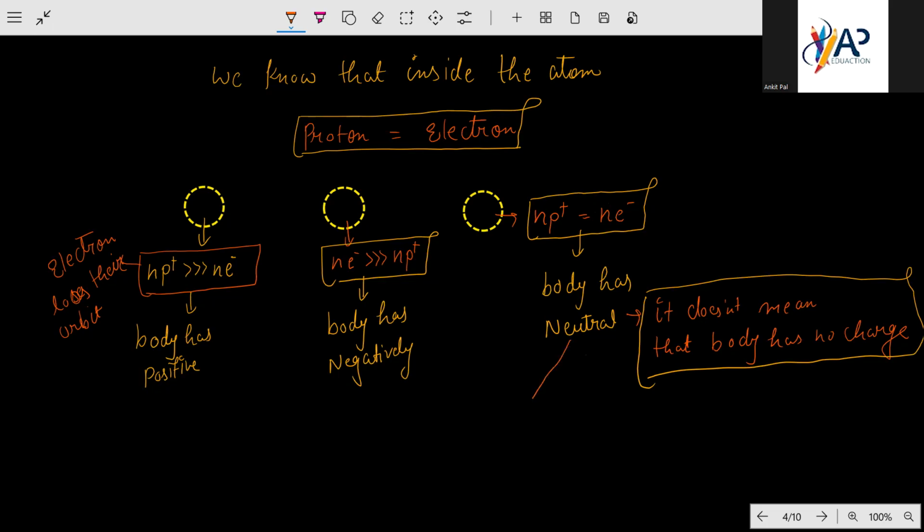For example, we have 5 protons, which have positive charge, and 5 electrons. If we add plus 5 and minus 5, it becomes 0, right?